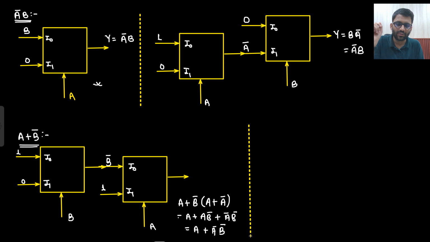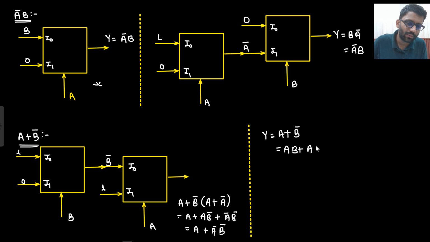And if I had to use B as a select line initially, I am making A plus B bar only. So Y is equal to A plus B bar. I know what should come with B bar, but I do not know what should come with B. So this I had to do: it would be AB plus B bar, right? Very easy.